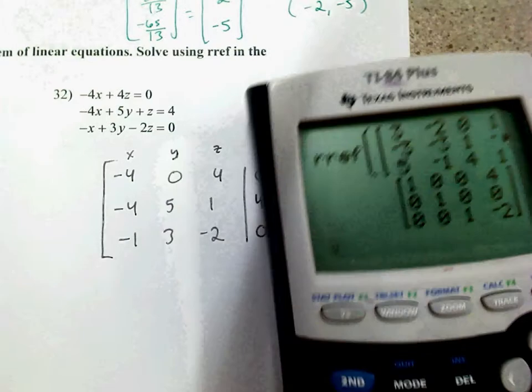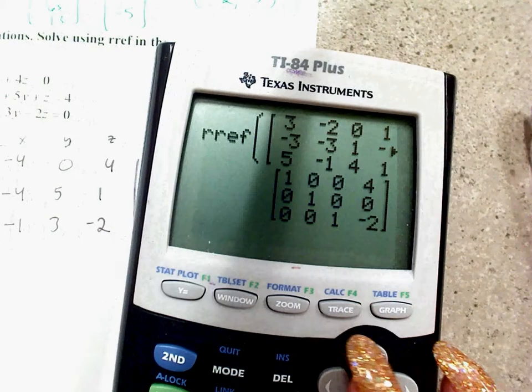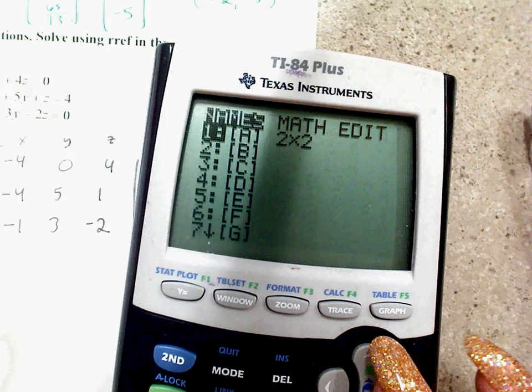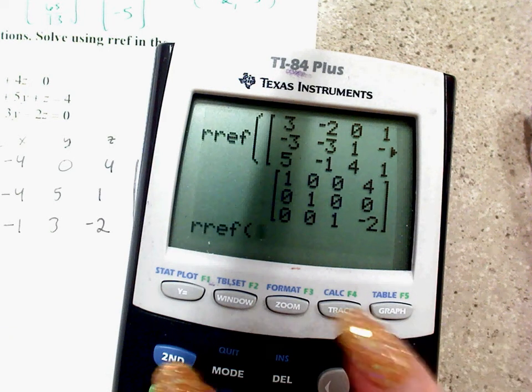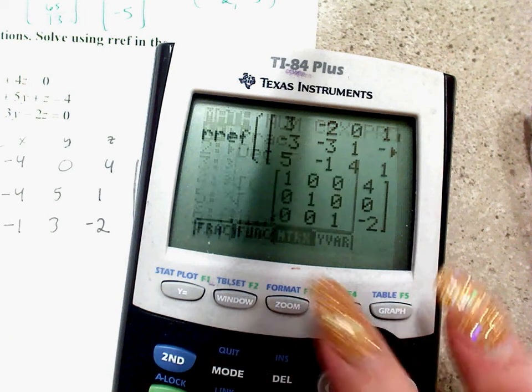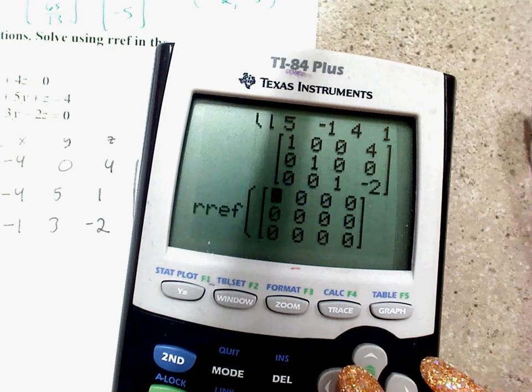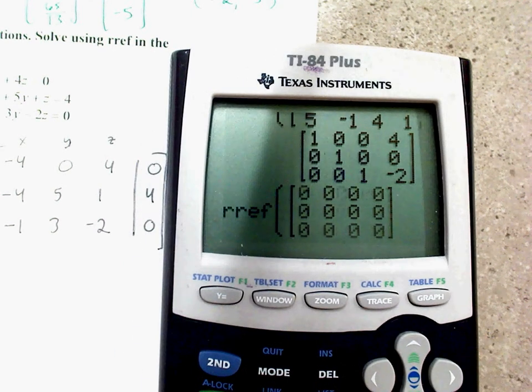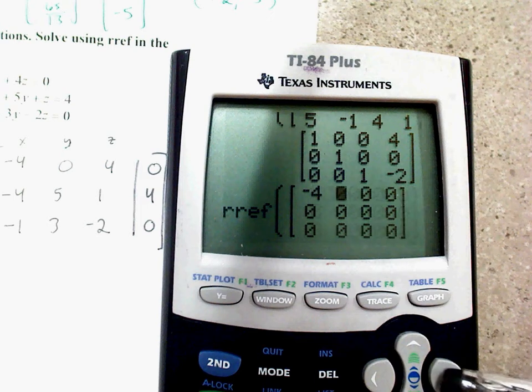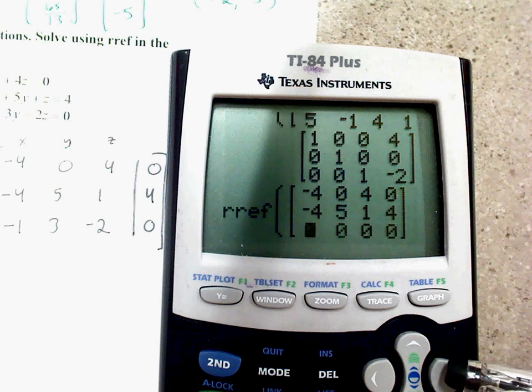So second matrix, over to math, up to RREF. Alpha zoom, 3 by 4, and just enter it in. So -4, 0, 4, 0, -4, 5, 1, 4, -1, 3, -2, and 0.